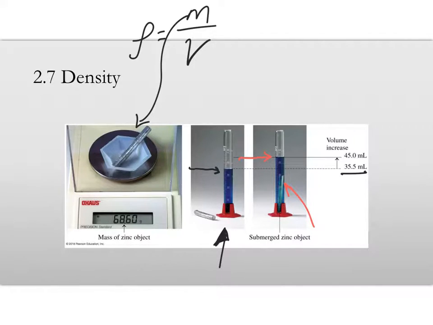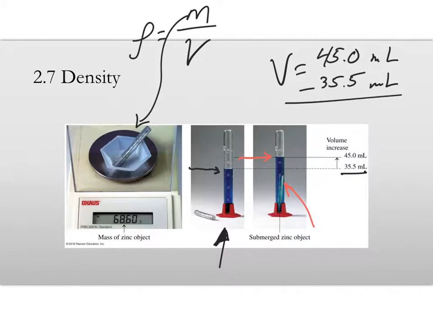So your volume of the zinc would be 45.0 milliliters minus 35.5 milliliters, and you just do the problem.